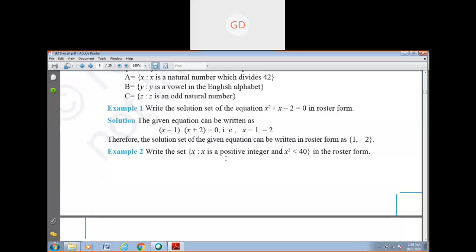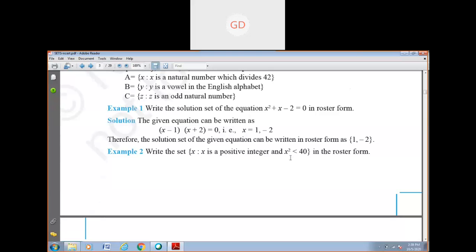Here you see how the elements are defined. Elements are defined by this line: x is a positive integer. Okay, we understand x must be a positive integer. Next, x square is less than 40. That means those numbers, if we make the square, it must be less than 40.